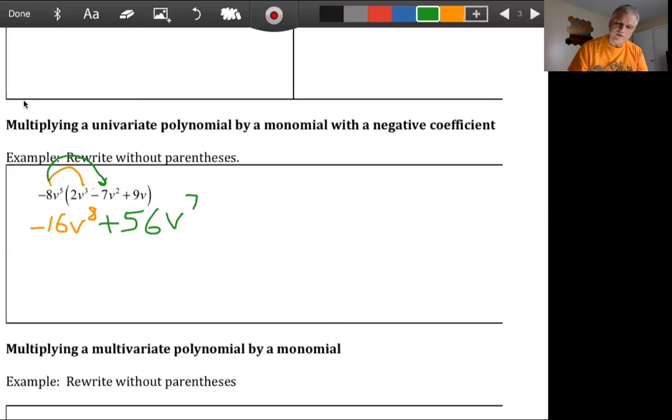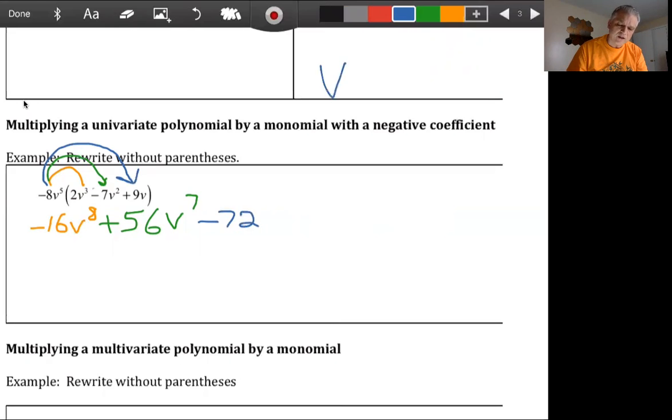And then finally, for the third color, let's go with blue. So negative 8v to the 5th is now going to be multiplied by plus 9v. So negative 8 times plus 9. Negative times plus is a minus. 8 times 9, 72.